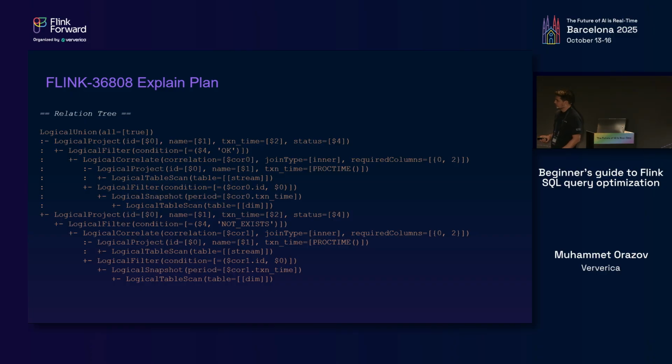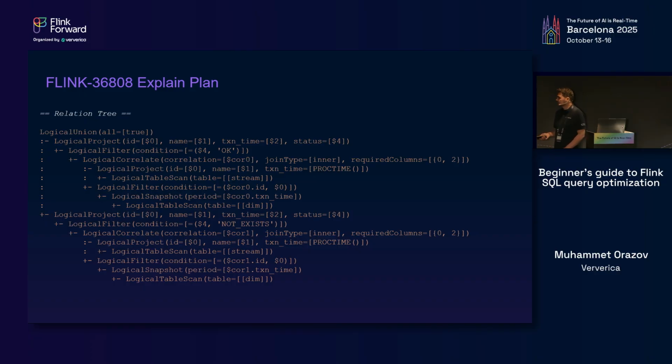So the first one, we have the filter for the OK case, then the logical correlate, which will in the end be converted into the lookup join, and the same for the other part of the union. So we have the filter for some dummy value of the status, and again, reading the dimension table and the stream table, and then they will be correlated or joined using the lookup join.